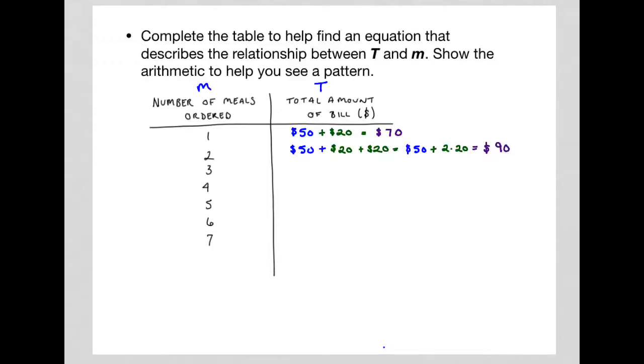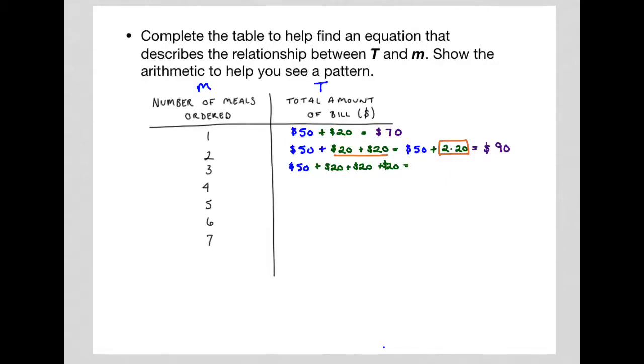What I did there was note that since I have 20 plus 20, I can use multiplication as a shorthand. Let's do one more together, and then I would encourage you to pause the video and finish completing this table on your own. Again, there's that one-time fee or buy-in of $50, then one meal for 20, the second meal for 20, and the third meal for 20.